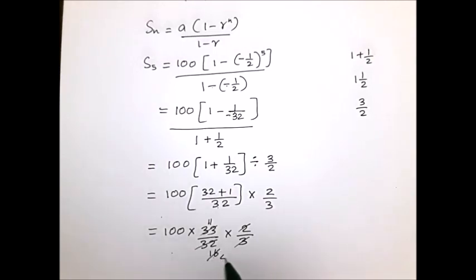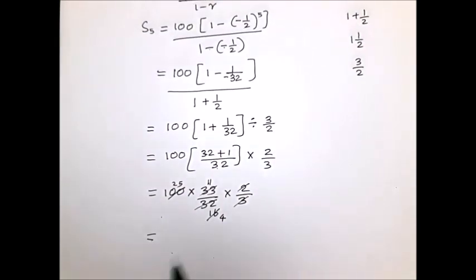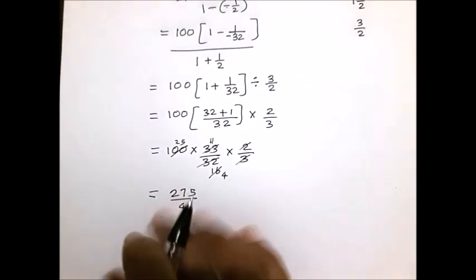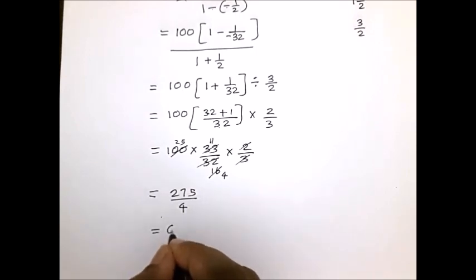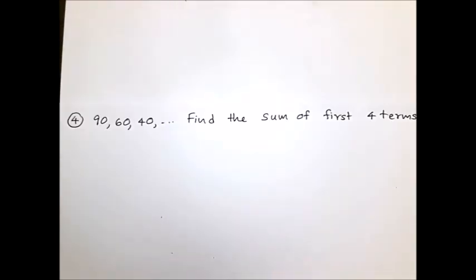You can divide by 4. 25 multiplied by 11 is 275. Divide by 4. Now write the fraction as a mixed number. It is 68 and 3 over 4. This is the sum of the first 5 terms of the above progression.